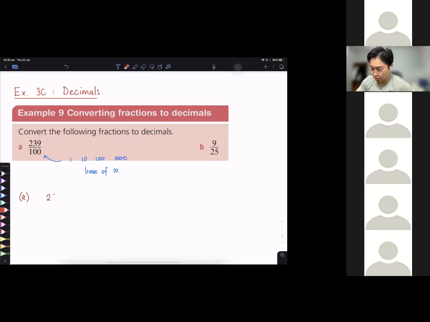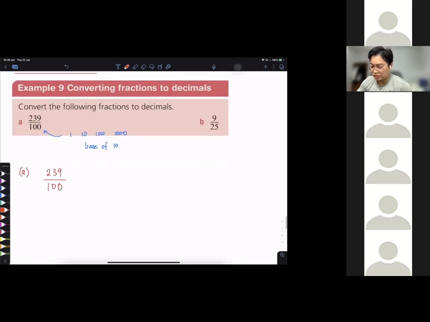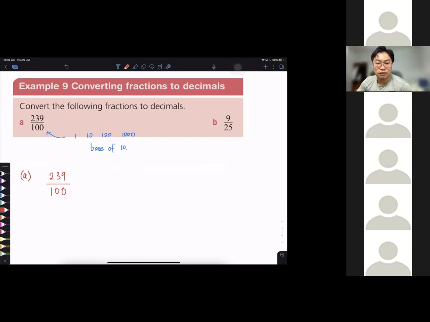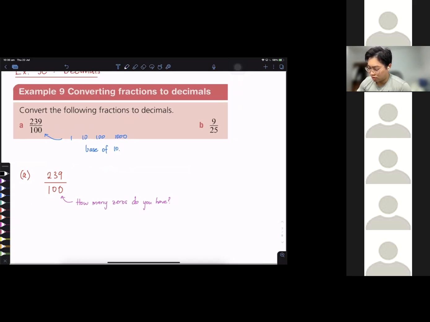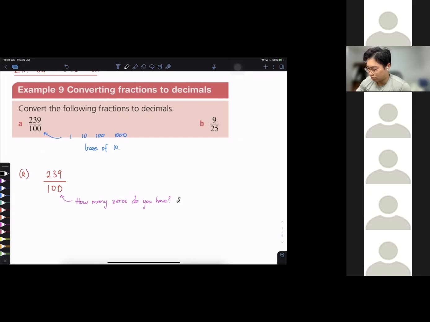I'll show you how. I'm not going to say easy. Once you understand it, then it will be easy, okay? So when it comes to converting fractions to decimals, what you need to look at is how many zeros you have. In this particular example, the answer is you have 2 zeros.